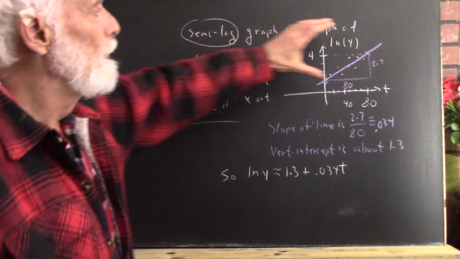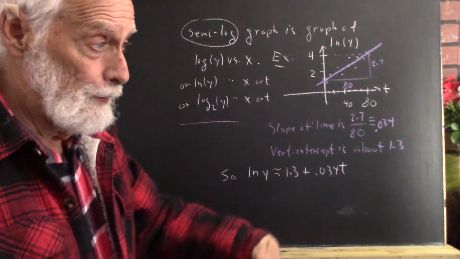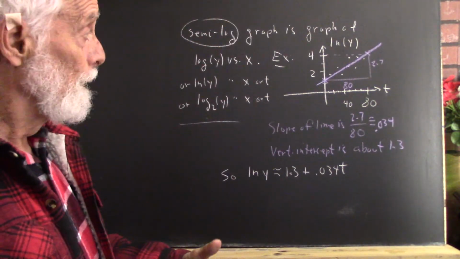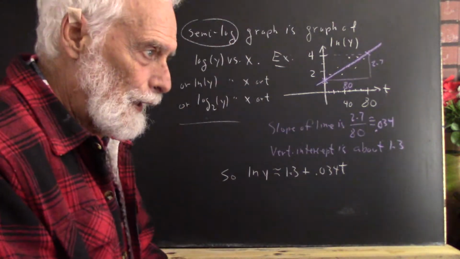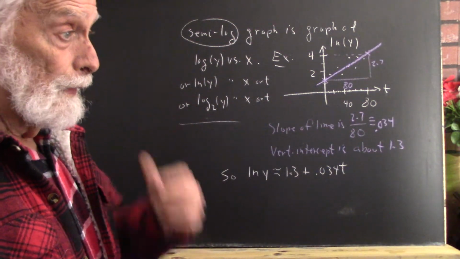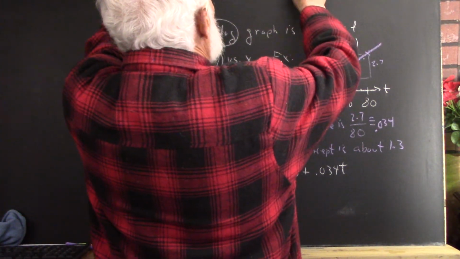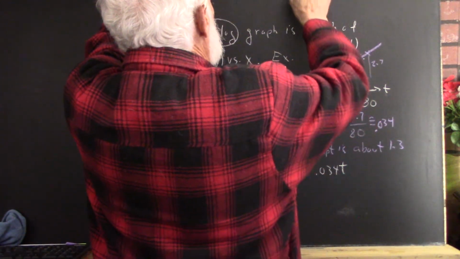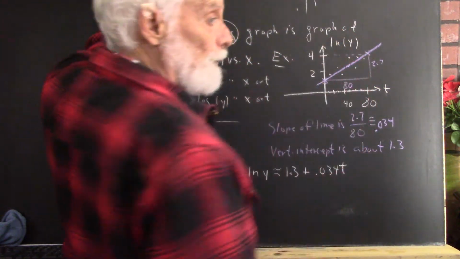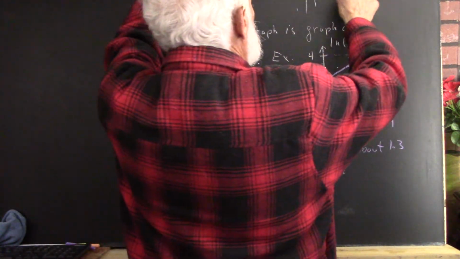Now this is all quite simple. If I give you a table of y versus t or y versus x, you can make a table of natural log of y versus natural log of x. Okay? So it's like you're going to have some numbers for t, some numbers for y. Well, you make another table.